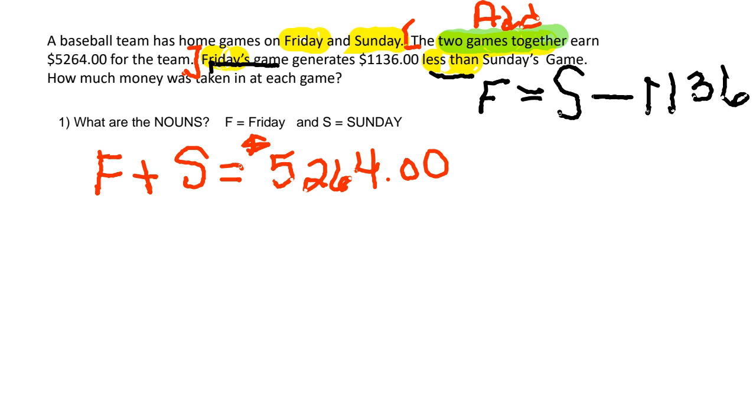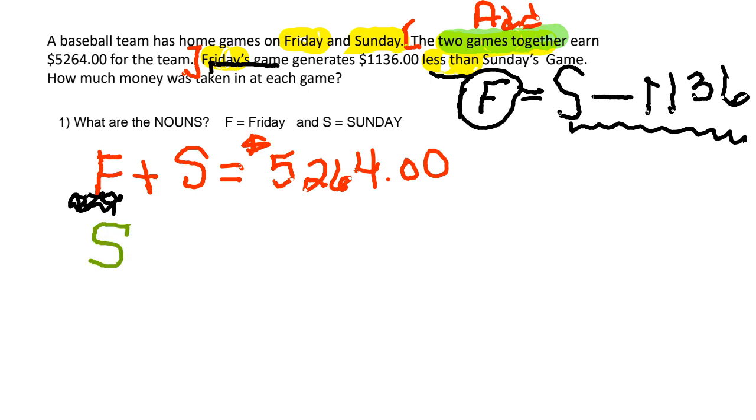Well, notice this F is all by itself. This amount is going in for my F. I'm substituting. I have F minus $1,136 plus S is equal to $5,264.